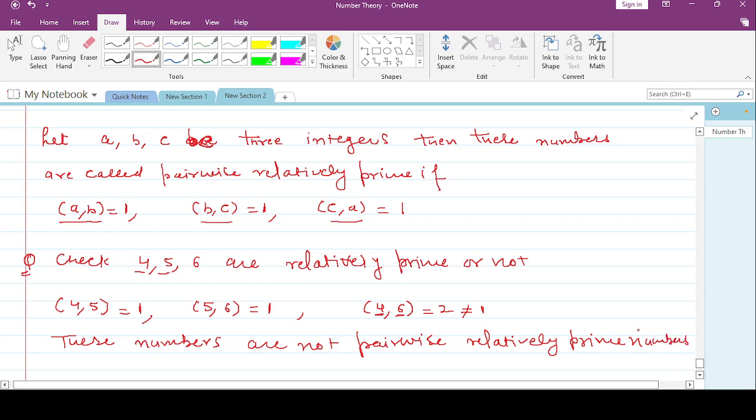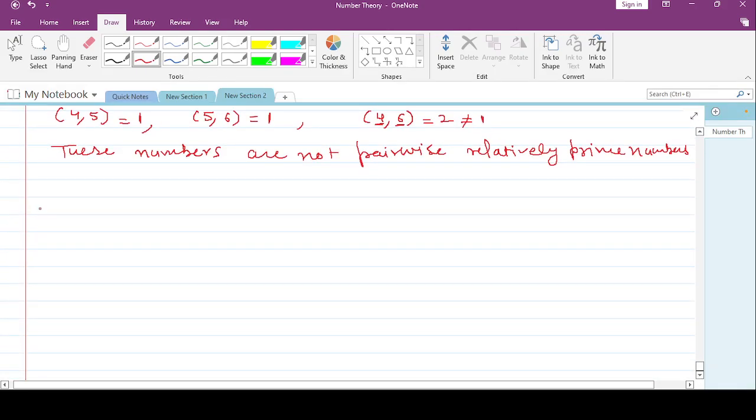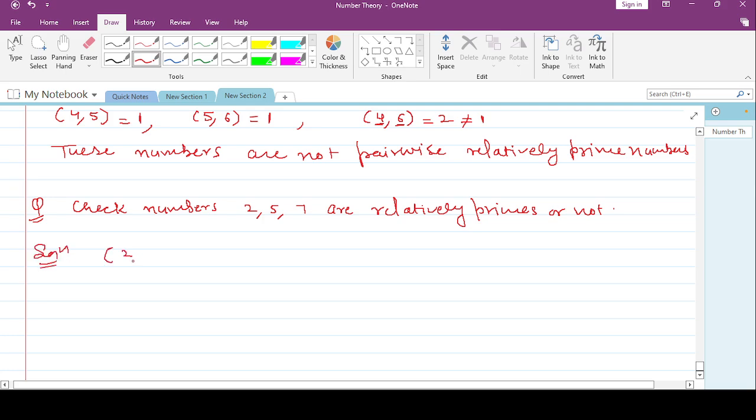Okay, so I will show you one more example where we see when numbers become relatively prime. So check whether the numbers 2, 5 and 7 are relatively prime or not. It is very easy. Solution: take the GCD of 2 and 5.